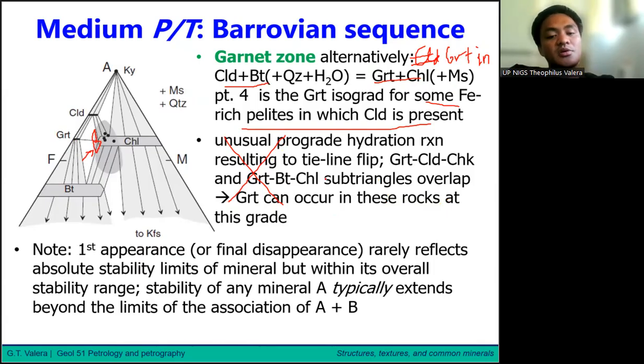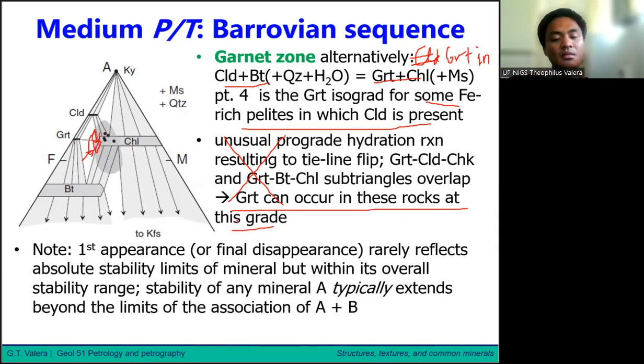Sige na nga. Unusual prograde hydration reaction resulting in tie-line flip: garnet chloritoid chlorite, and garnet biotite chlorite. Garnet chloritoid chlorite and garnet biotite chlorite subtriangles overlap. And yun lang pala sinasabi ko. Garnet can occur in these rocks at this period.